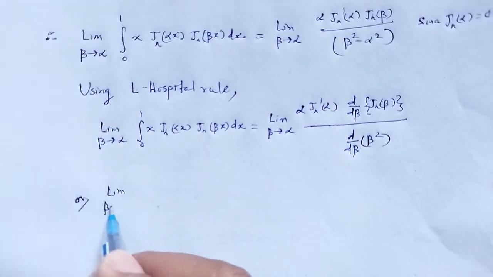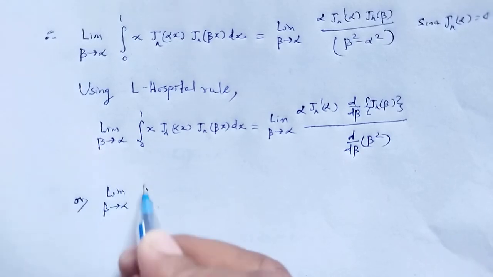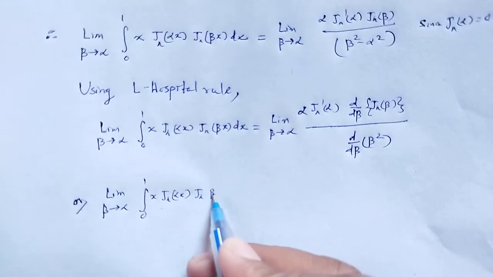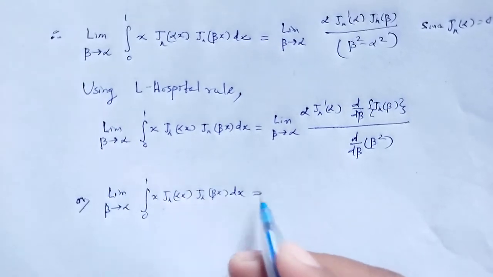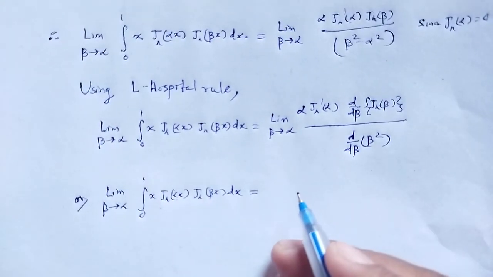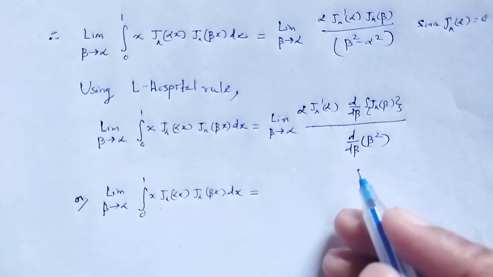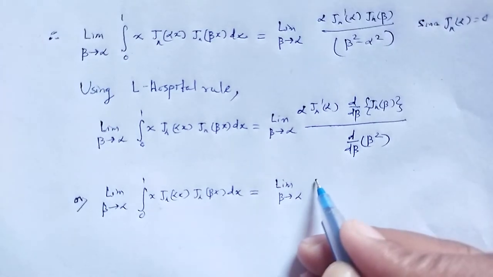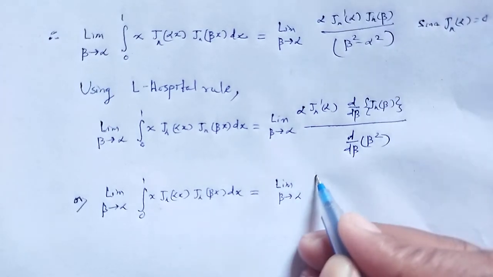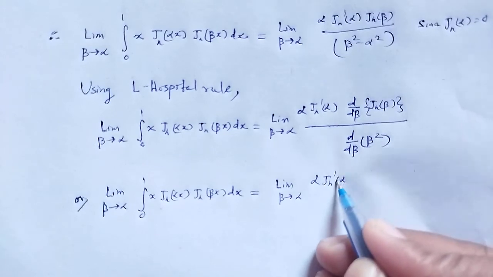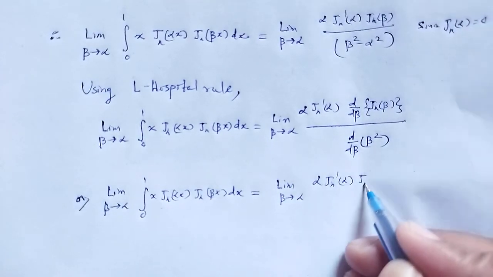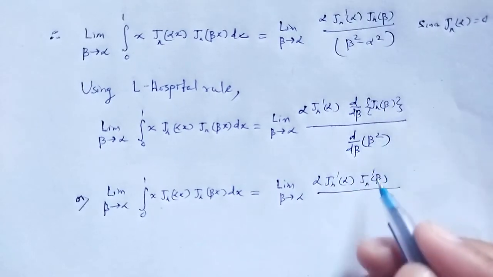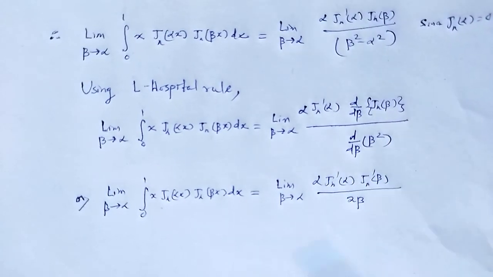Or limit beta tends to alpha, integration of 0 to 1, x Jn of alpha x Jn of beta x dx is equal to, here limit beta tends to alpha, that will be alpha Jn dash of beta divided by differentiation of beta square, which will be 2 beta.